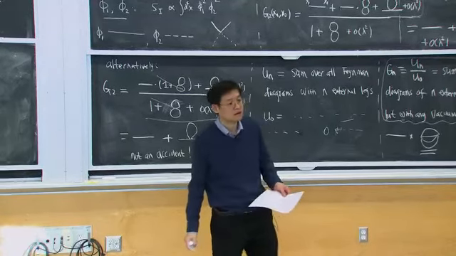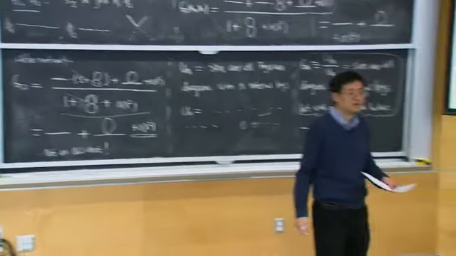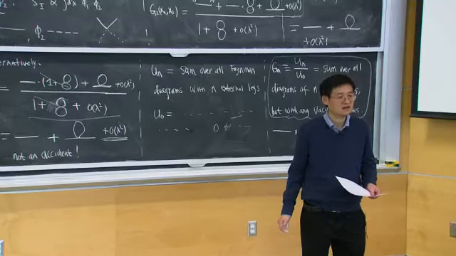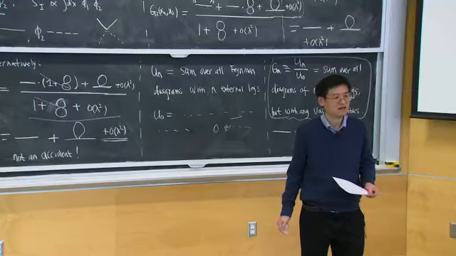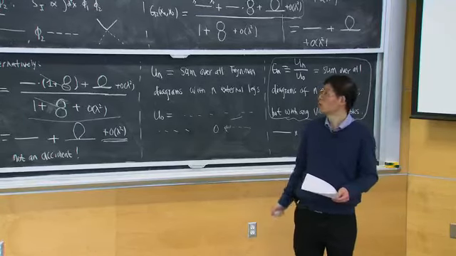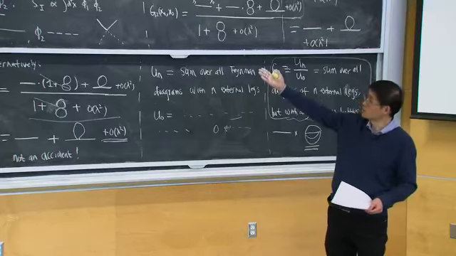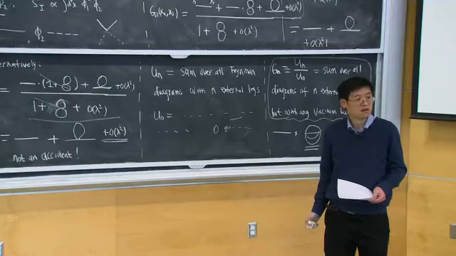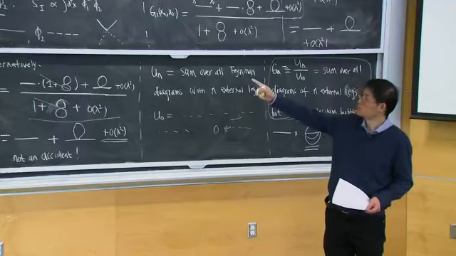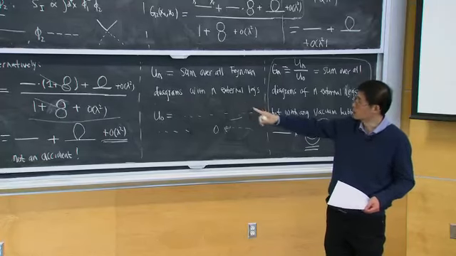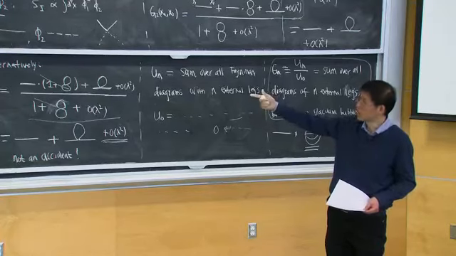I guess we started out by setting the interaction term to be phi to the fourth, but in general you're going to have some series of terms added to your action. Is that how you would do a general interaction? No, it depends on your specific theory. Maybe that's just your theory. How do you apply this to a physical problem? In a second, we will tell you how to go from here to calculate the scattering amplitude.